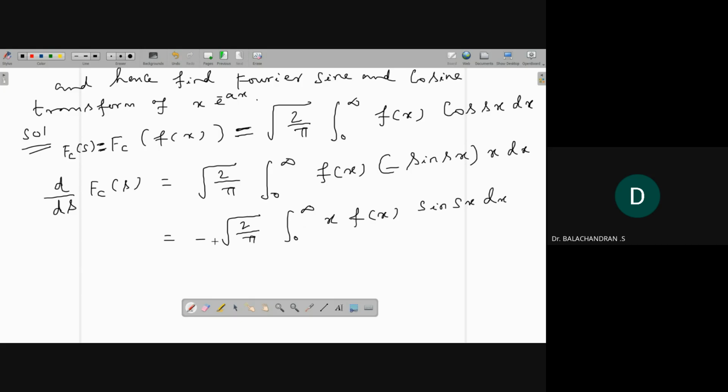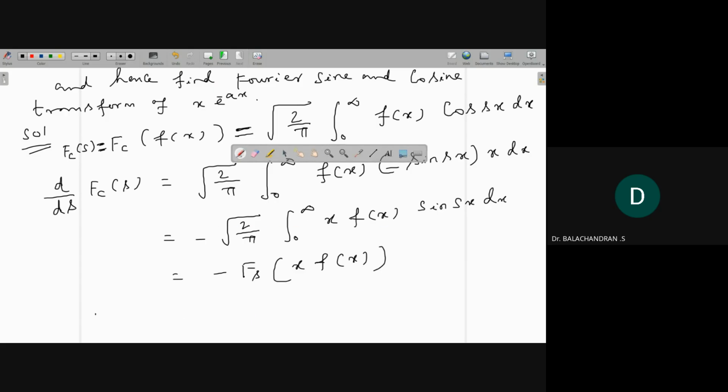So this is equal to minus Fs, the Fourier sine transform of x into f of x.